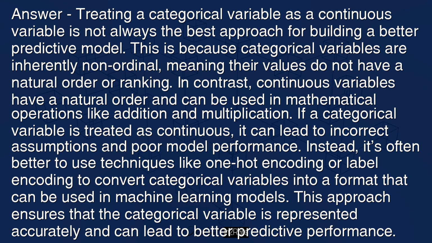If a categorical variable is treated as continuous, it can lead to incorrect assumptions and poor model performance. Instead, it's often better to use techniques like one-hot encoding or label encoding to convert categorical variables into a format that can be used in machine learning models. This approach ensures that the categorical variable is represented accurately and can lead to better predictive performance.